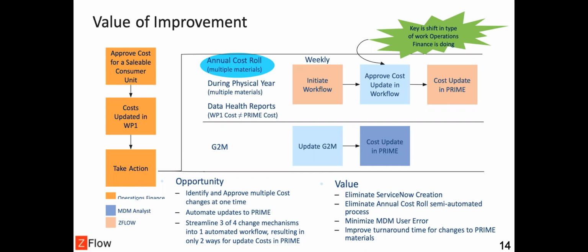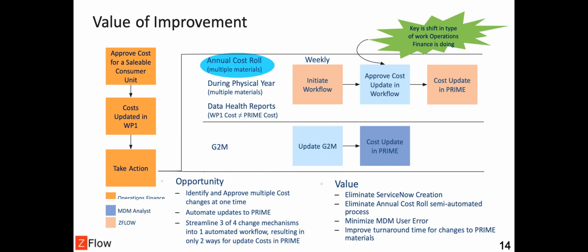So if the data health report finds something that's wrong, we will create a ZFlow process for that so that it can be corrected. And basically the shift here is now finance can directly make sure everything is costed properly and in sync.